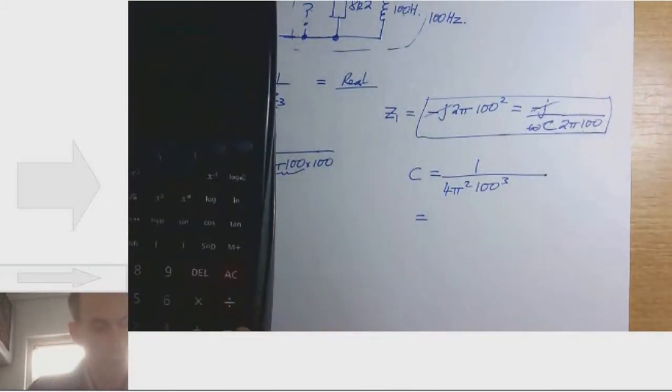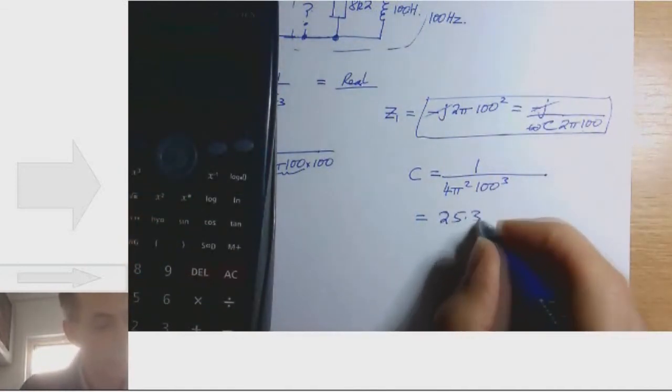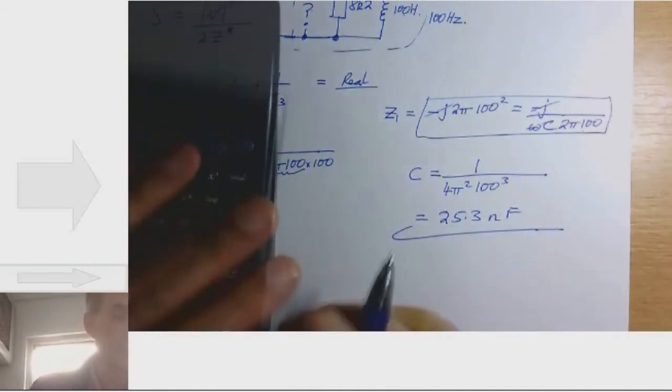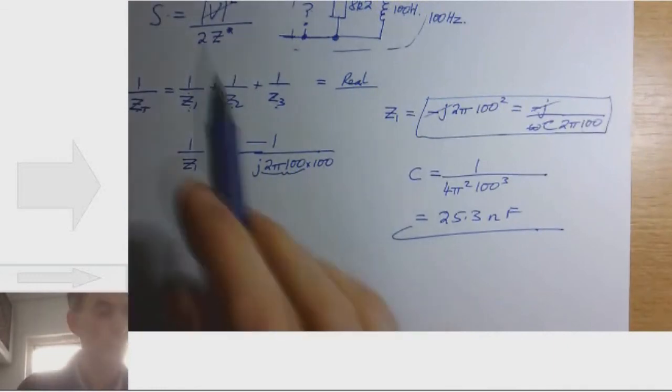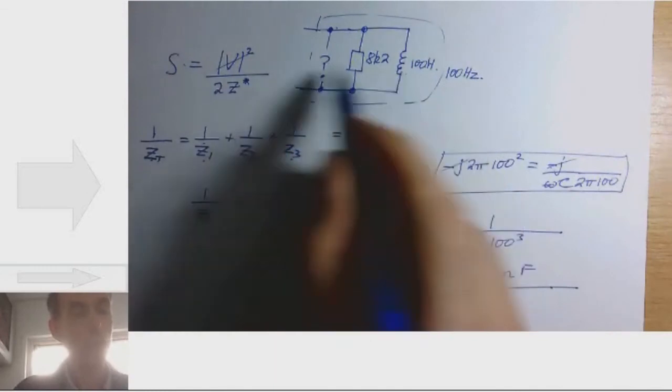Cue the calculator. 4 times pi squared times 100 to the power of 3. And take the inverse of that, and the answer is 25.3 nanofarads.